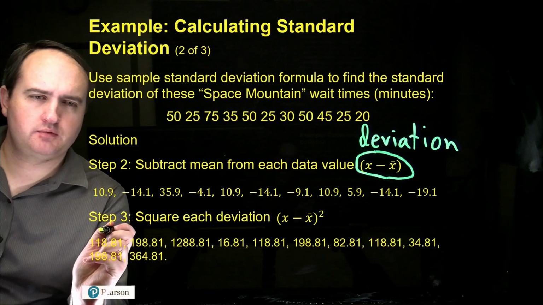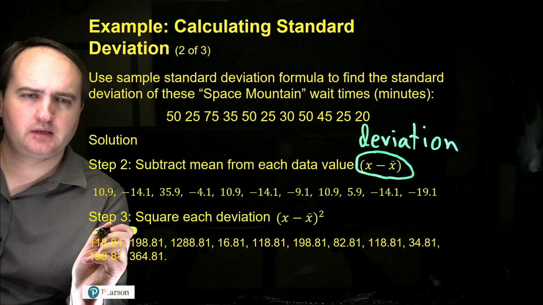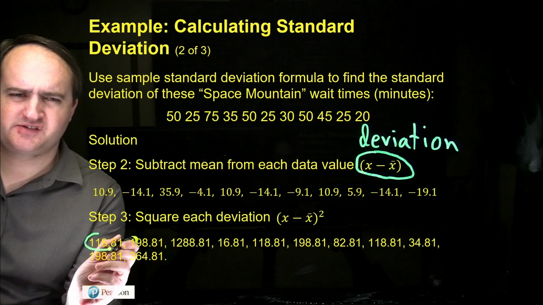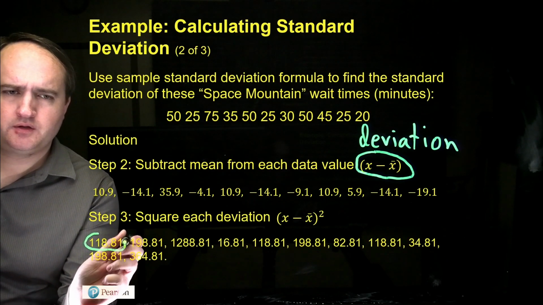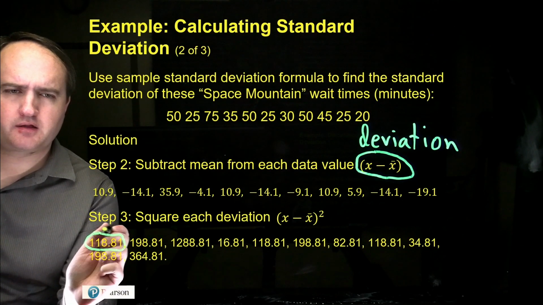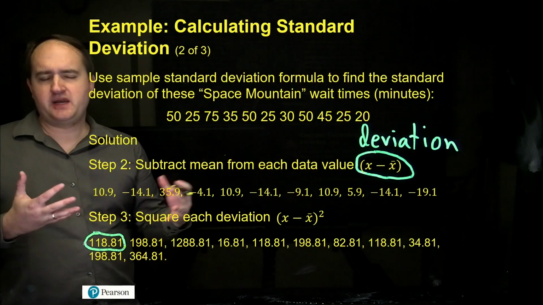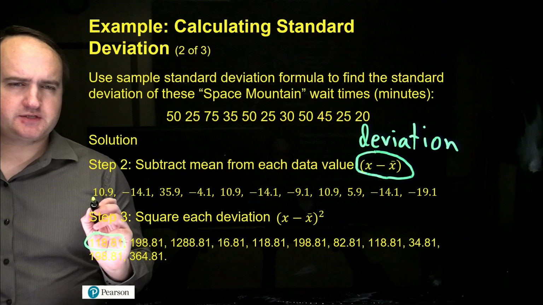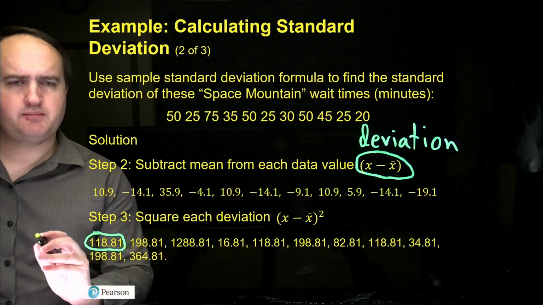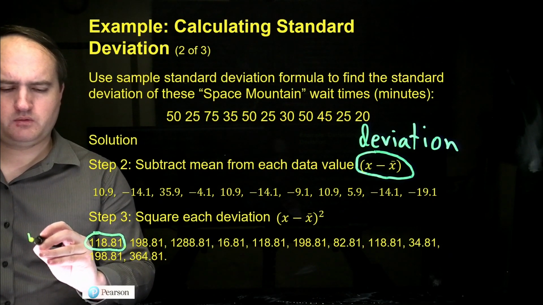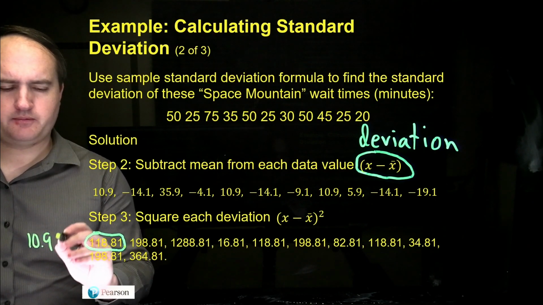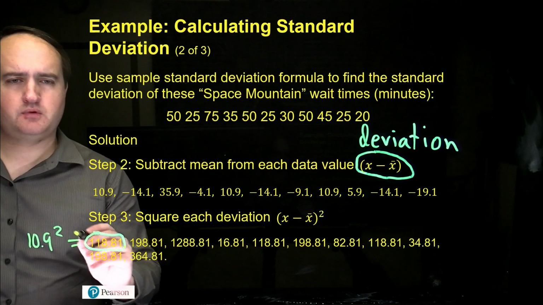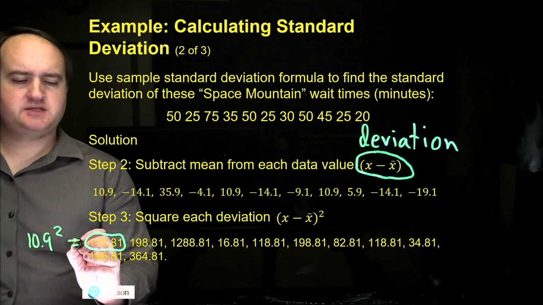I'll just show you what you would type in to get this first squared deviation. Depending on your calculator, you might type it in a different way. But here you just take the first deviation, which is 10.9, and you square it. So 10.9 squared equals 118.81.